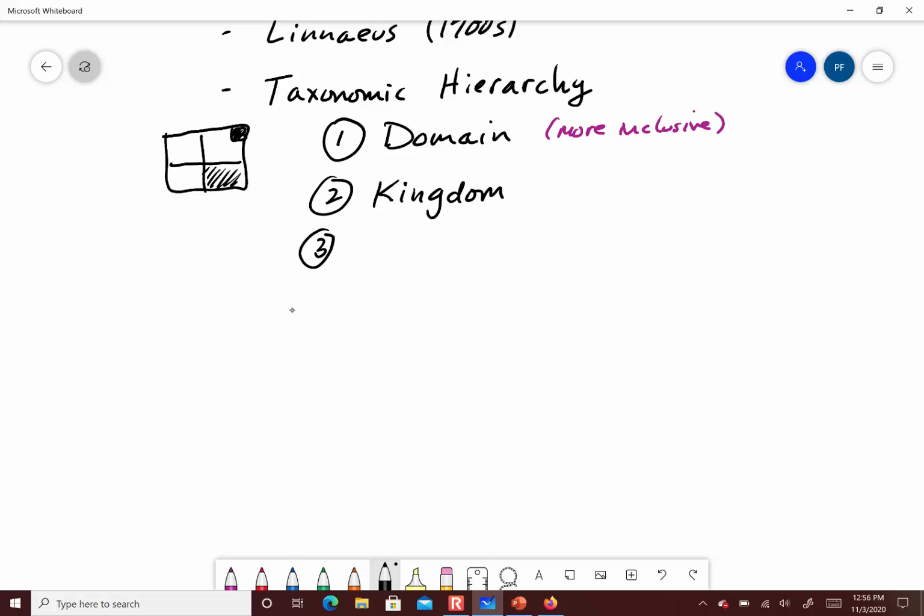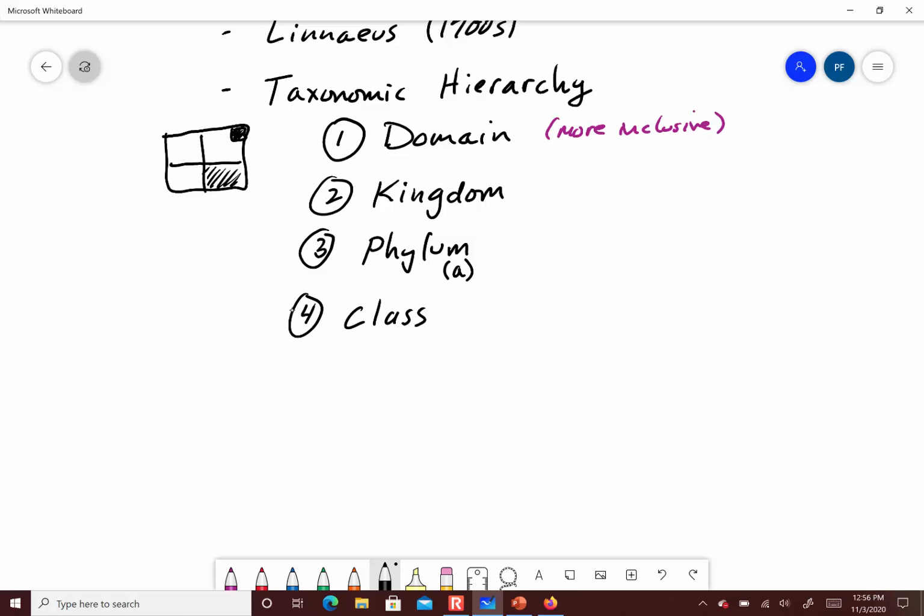So domains are made of kingdoms, and then a kingdom is broken down into what's called a phylum. And if this has an A, it's plural. So kingdom is broken down into at least one phylum. If it's multiple, many phyla. A phylum's broken down into classes.